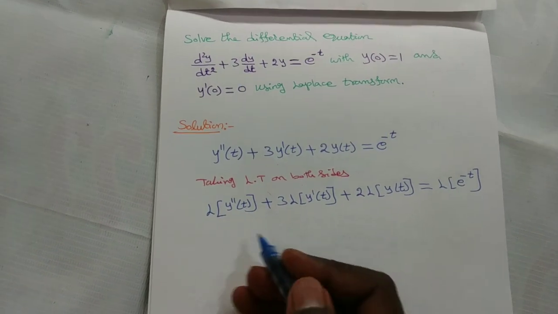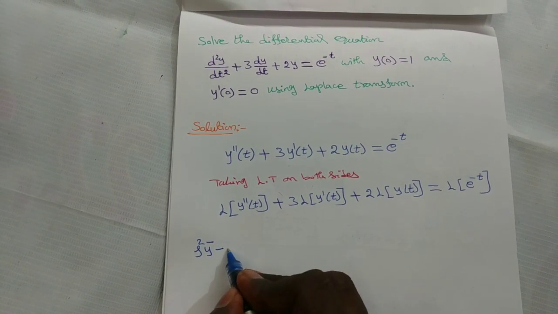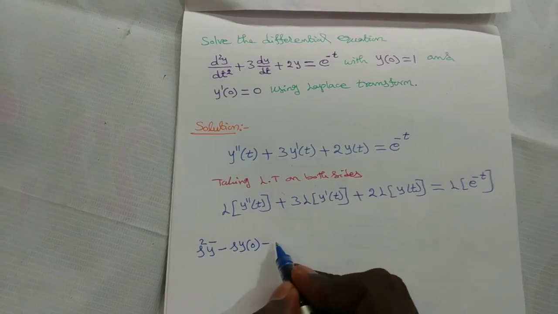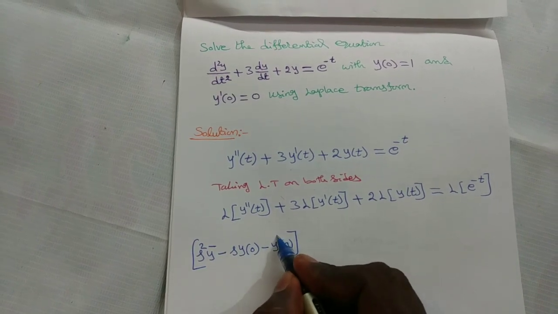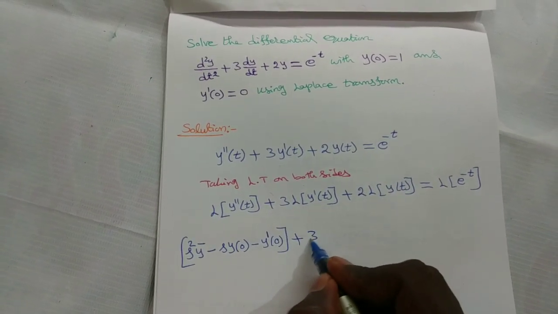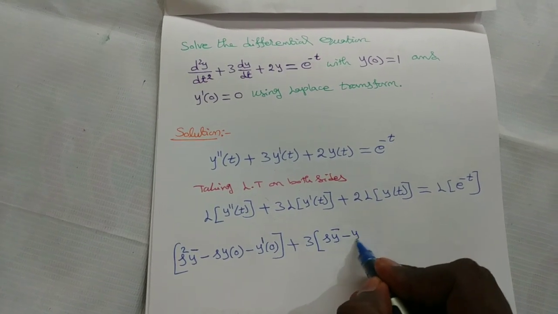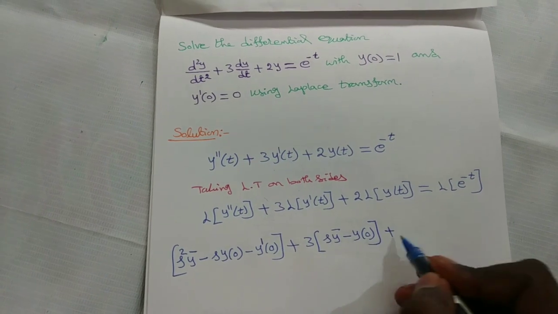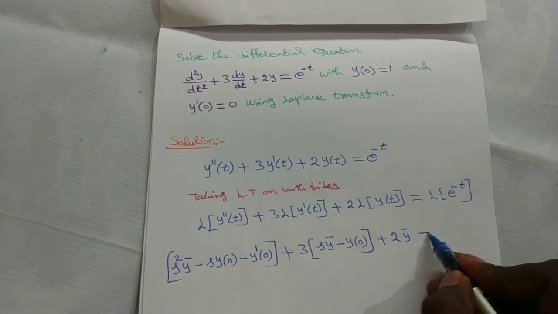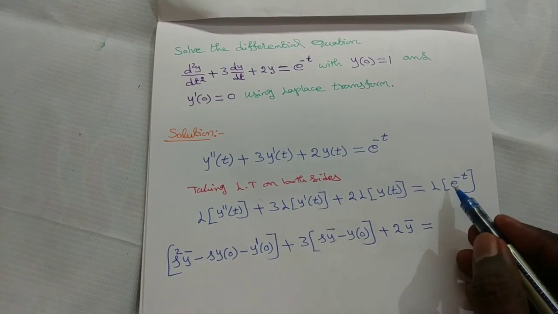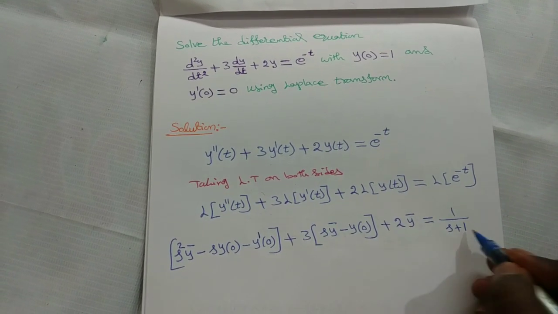L of y''(t): the formula is s² y bar minus s into y(0) minus y'(0). And plus 3 into L of y'(t): the formula is s y bar minus y(0). Plus 2 into the first formula, L of y(t), which is y bar, equal to another formula, the Laplace transform of e^(-t), which is 1/(s+1).